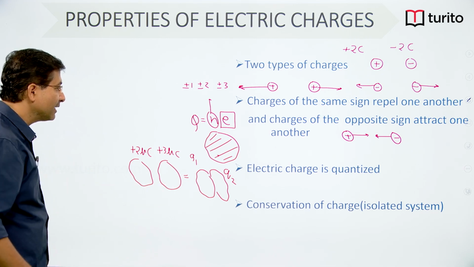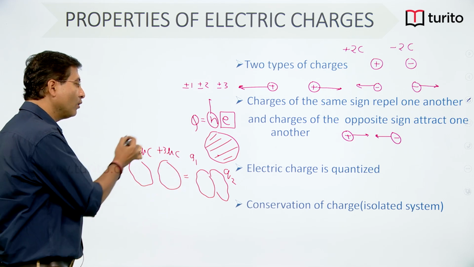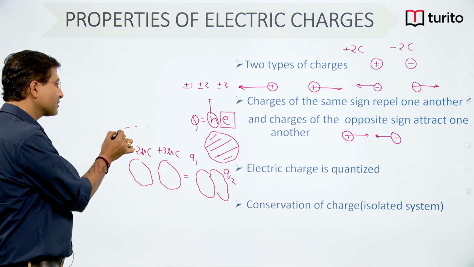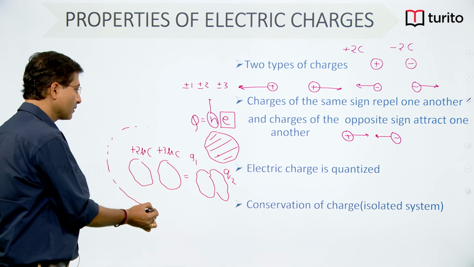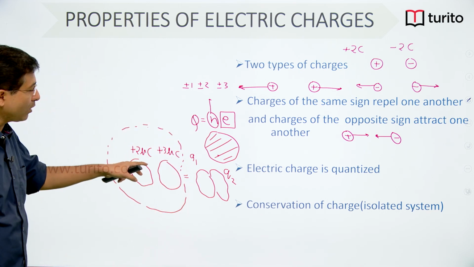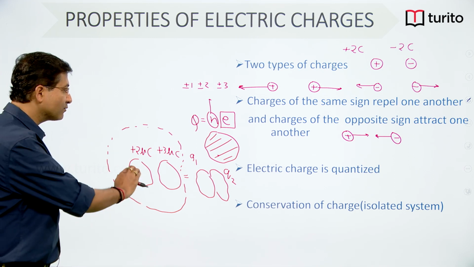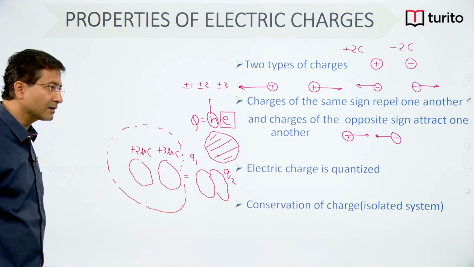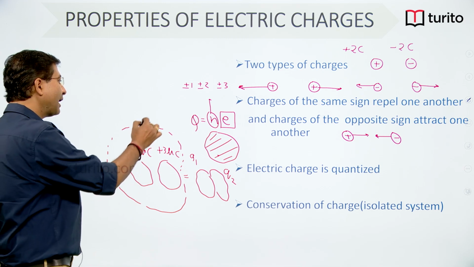That means there cannot be any outflow from this system. So I am considering this as the system, and there is no outflow from the system, charge will just flow from one body to another body. This system is called an isolated system.